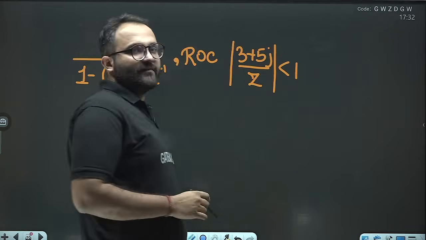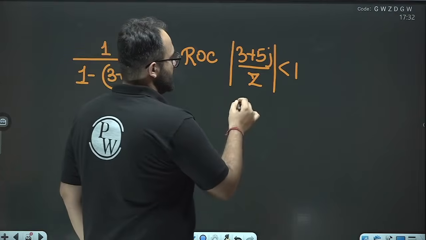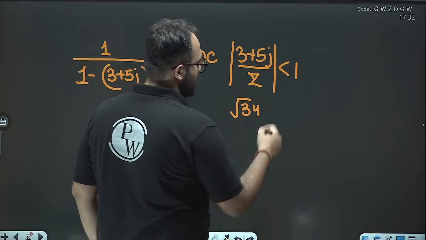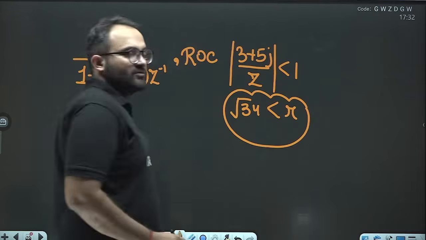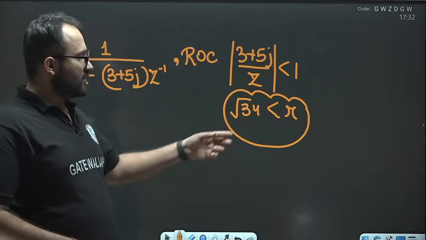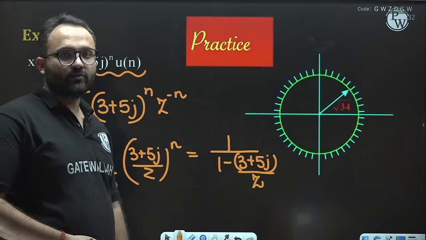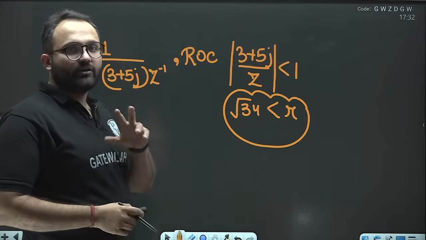The magnitude of 3 plus 5j is under root of 25 plus 9, that is root 34. So R should be greater than this. The region will be outside the circle of radius under root 34. So we have seen two cases.